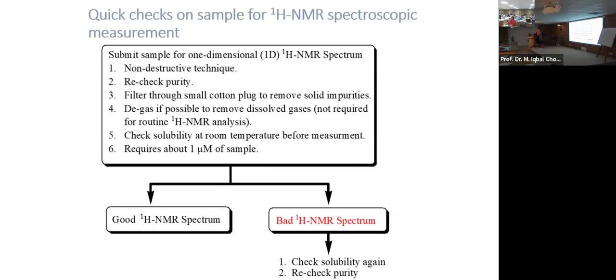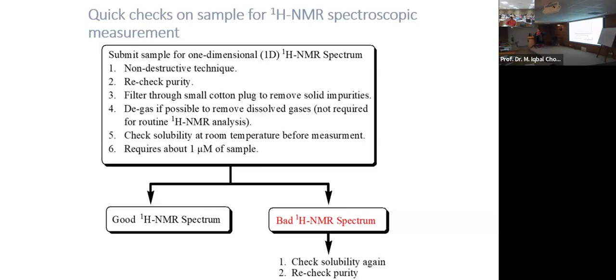So if you want to study the hydrogen bonding, you may need to check at a variety of temperatures to see what temperature has an effect on it. So it depends on your need.